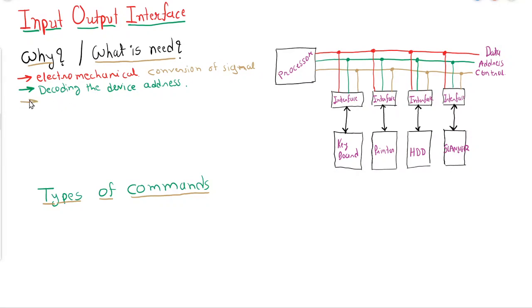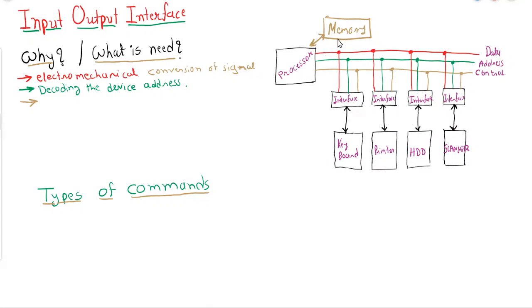Next, the data transfer rate of the processor and memory is very high compared to the peripheral device or IO device. So we need some synchronization mechanism which will fill the gap.